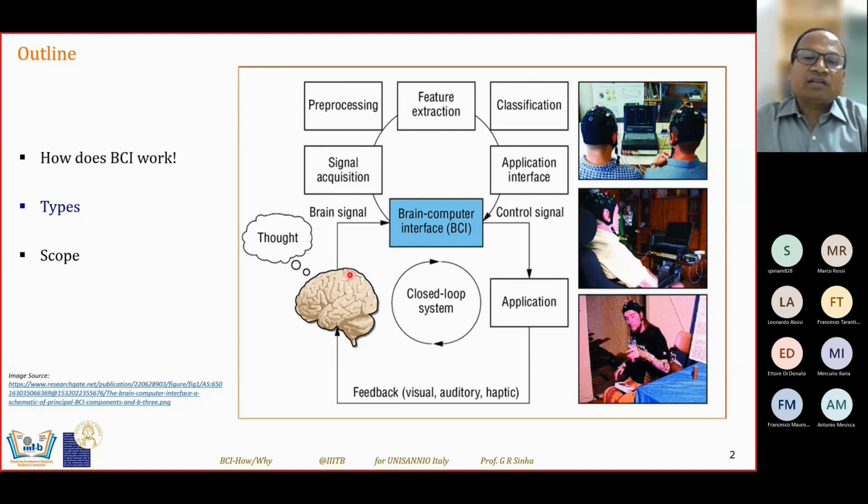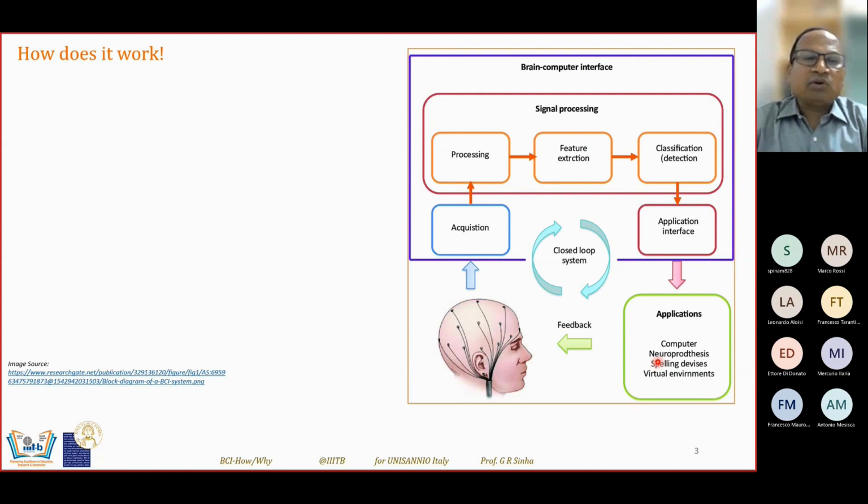We try to correct the deviation or the disability, and this is how a closed loop system works. So you can see here that the signals are acquired, and the person can either perform the task, or some ability of his arm which was not working properly could be augmented. We will talk about all these things.